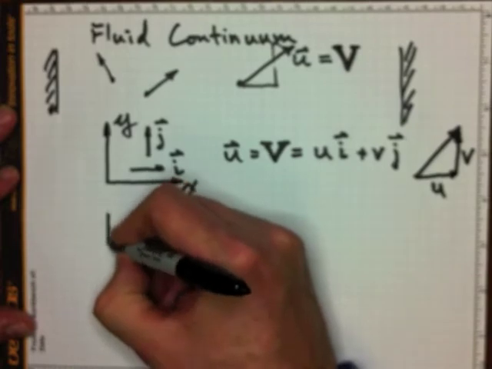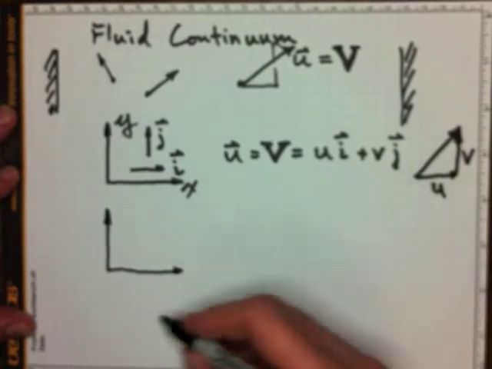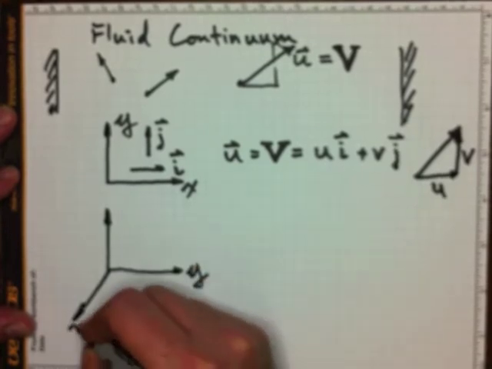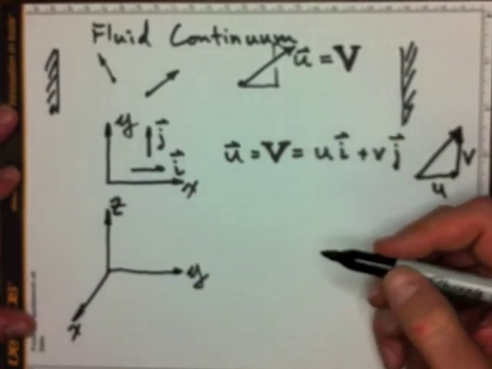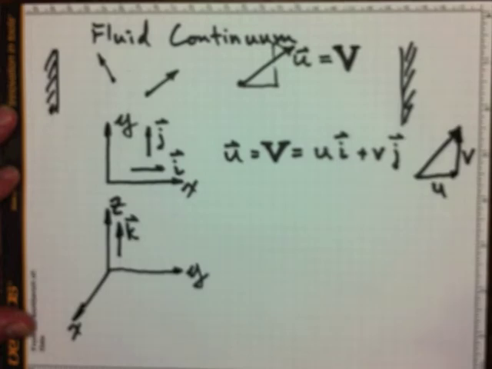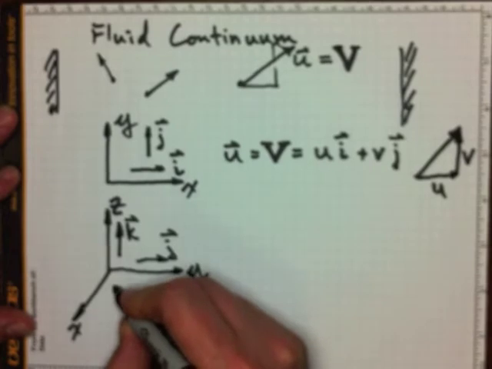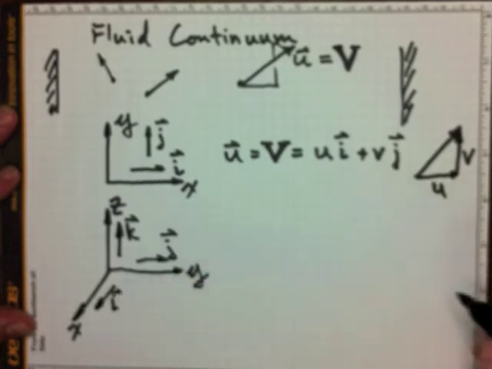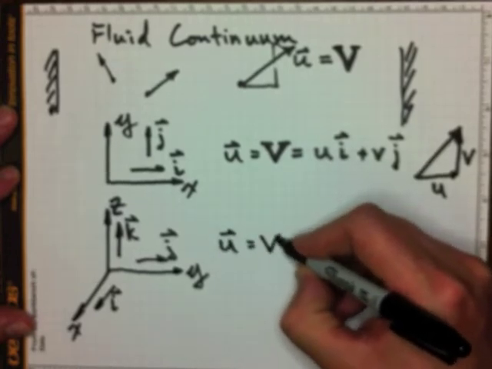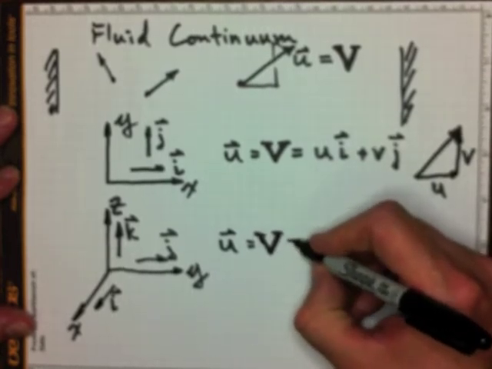If we have 3 dimensions, looking something more like this, typically this will be y, x, and z in the vertical direction by convention. We'll have a unit vector k in the z direction, still j in the y direction, and i in the x direction, and u will be equal to, again, same thing if we write it as an uppercase V bolded, they're both velocity vectors.